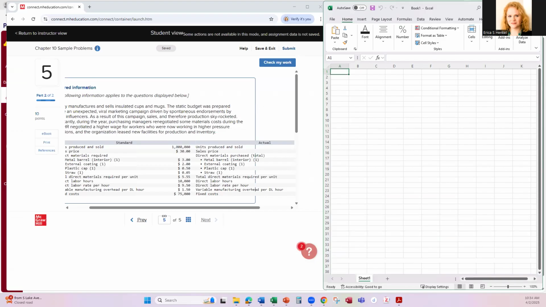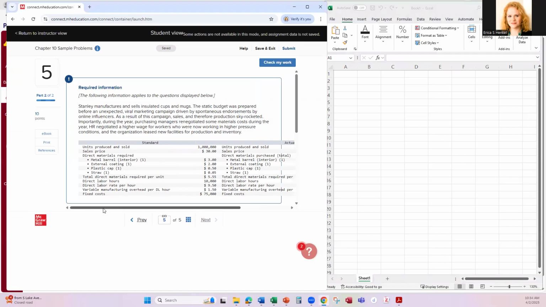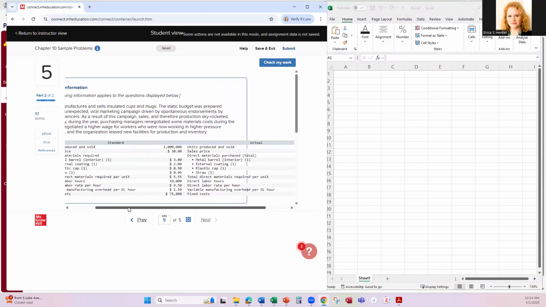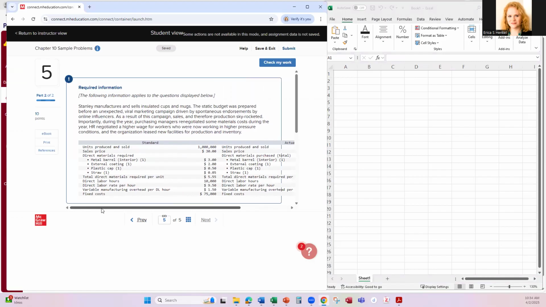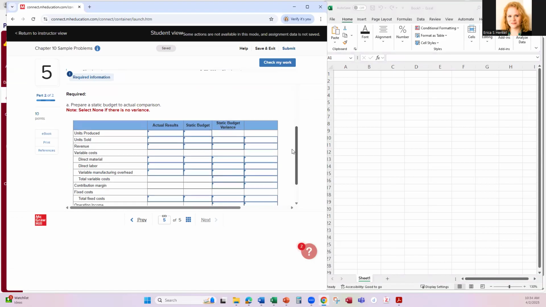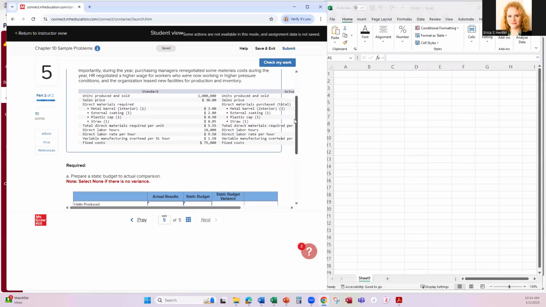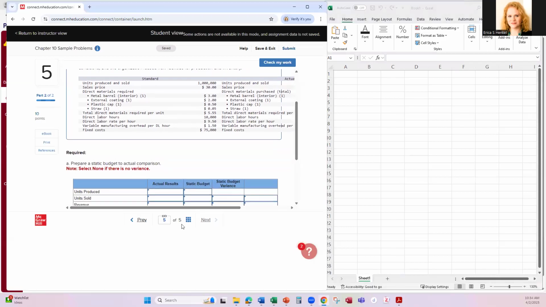All right, so they gave us some standard and actual numbers here. What they're asking us to do for this problem is to complete a static budget to actual comparison. So we had 1,000,000 units for standard.